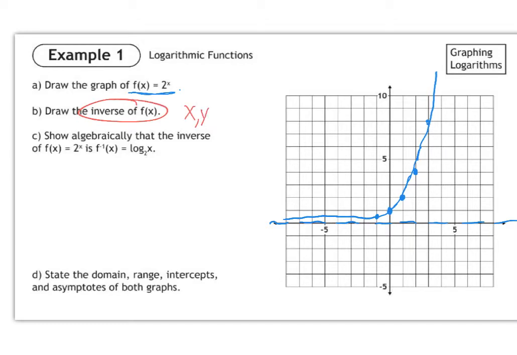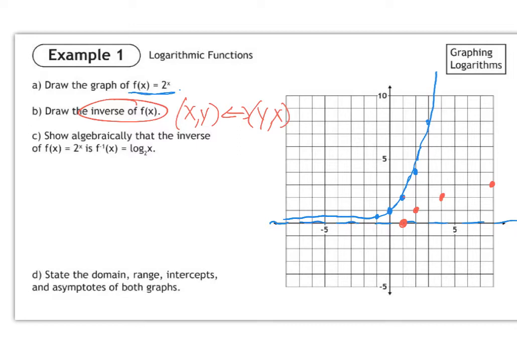Remember that for inverse functions, we're switching our x and our y so that the point 0, 1 becomes 1, 0. The point 1, 2 becomes 2, 1. Point 2, 4 becomes 4, 2. 3, 8 is going to become 8, 3.